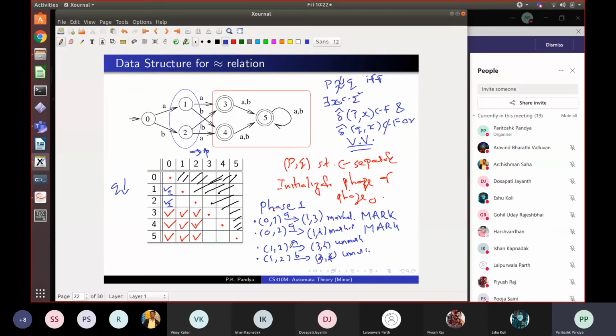Now 1, 2 will take you to 3, 4, which is unmarked. 3, 4 on A or B will take you to 5, 5, which is unmarked, right? And so you will see that within phase 2, which I will write in black, no new square gets marked.